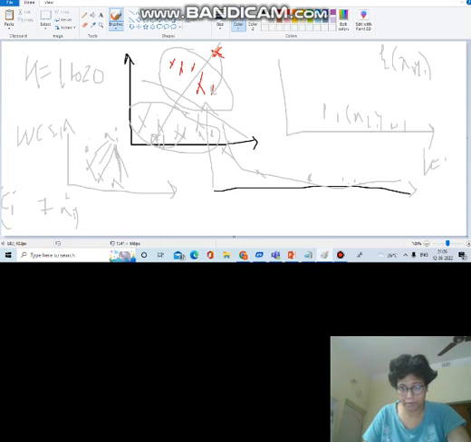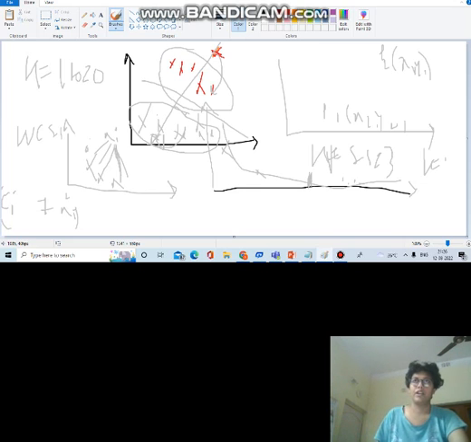And at that point, suppose K equal to 3, the WCSS is abruptly decreased. We will consider that value as the K value.